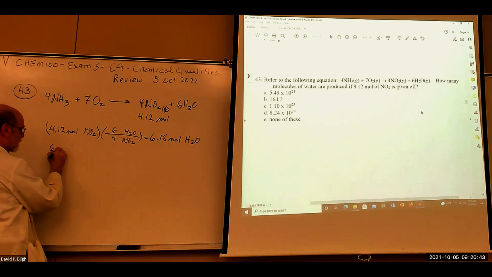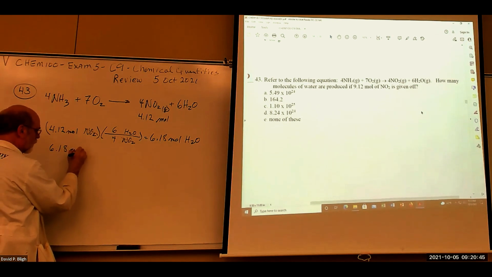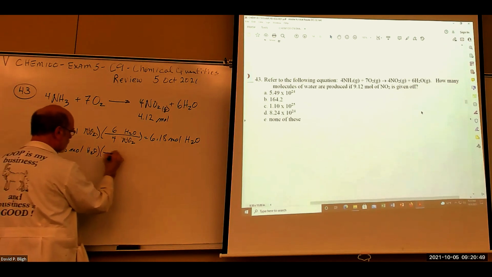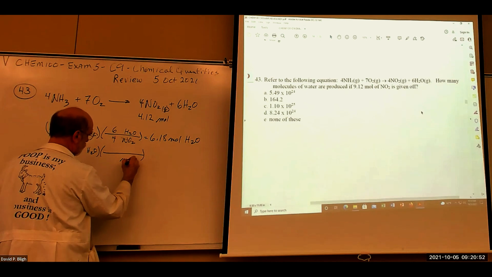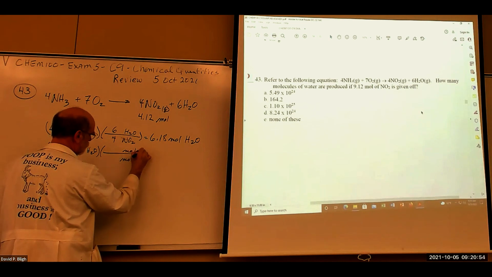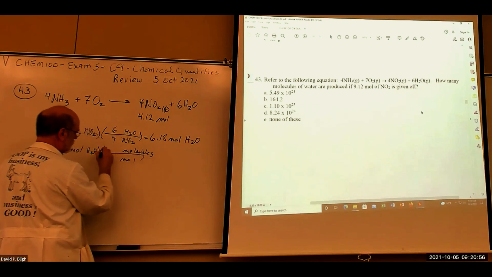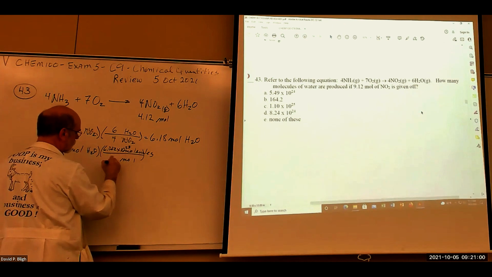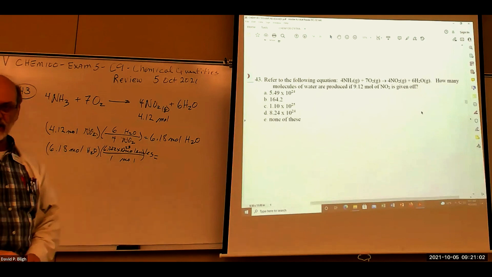So we need to make another calculation for molecules of water. And what's the magic number? Moles, molecules. 6.022 times 10 to the 23rd. Times that value.